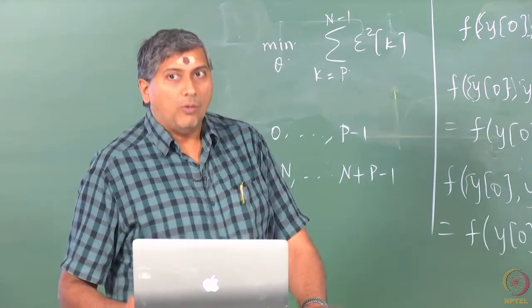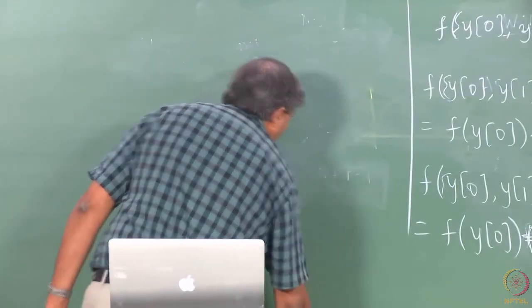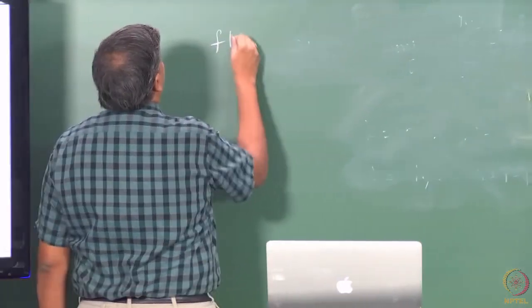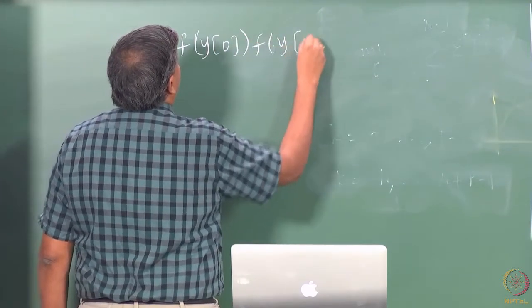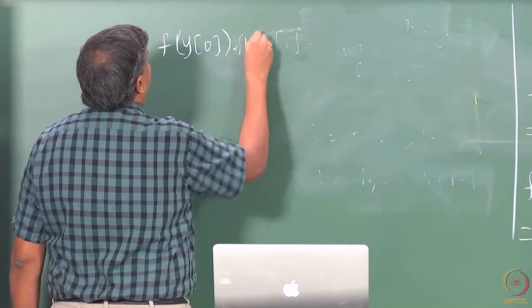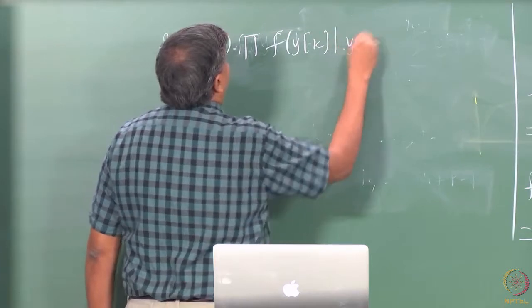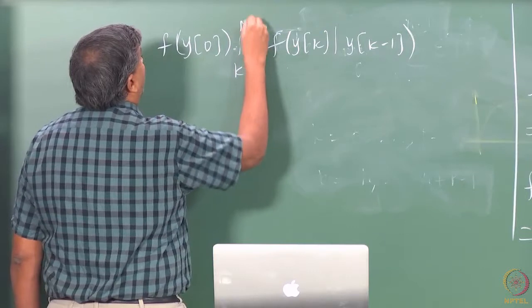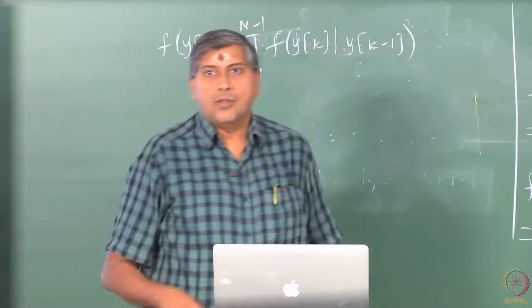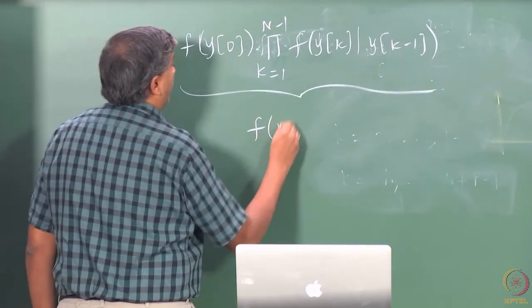So the only thing that remains to be done, having observed that the joint PDF can be written as f of y0 times f of y1 given y0 and so on, which means I can write a product here, f of yk given yk minus 1, where k runs from 1 to n minus 1. So this is my joint PDF.